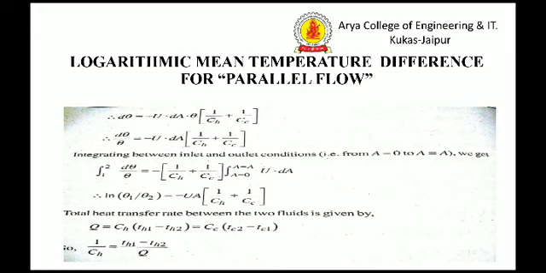By integrating between the inlet and outlet condition, that is area is equal to 0 to area is equal to A, we get ln theta 1 upon theta 2 is equal to minus UA (1 upon Ch plus 1 upon Cc). Total heat transfer rate between the two fluids is given by q is equal to Ch (Th1 minus Th2) is equal to Cc (Tc2 minus Tc1).